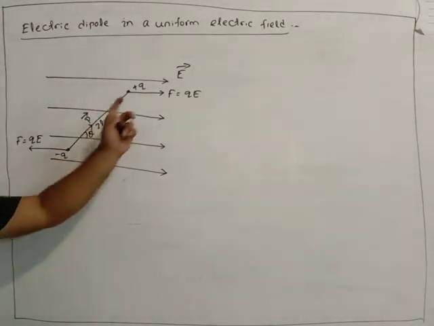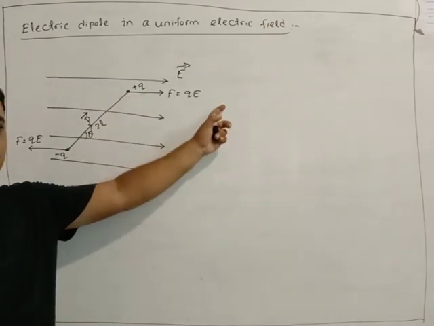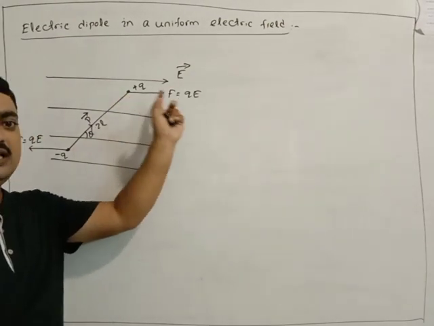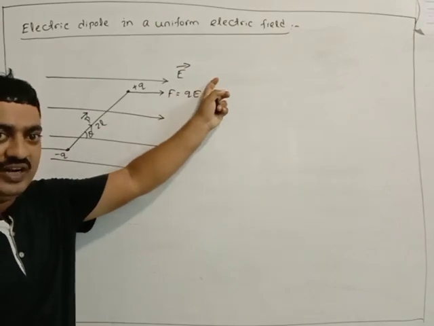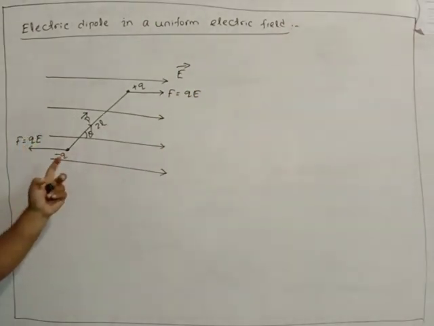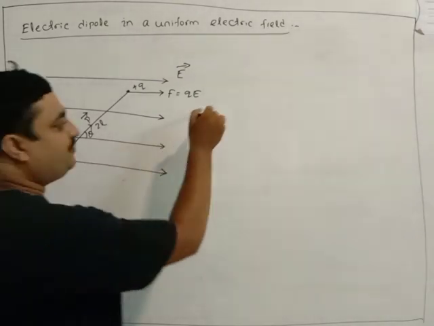Now, the net force on the dipole. The force on the positive charge is qE in the direction of electric field, and the force on the negative charge is qE in the opposite direction of electric field.